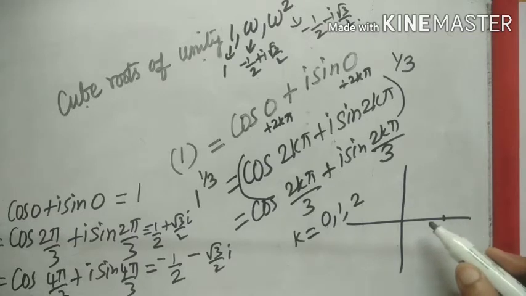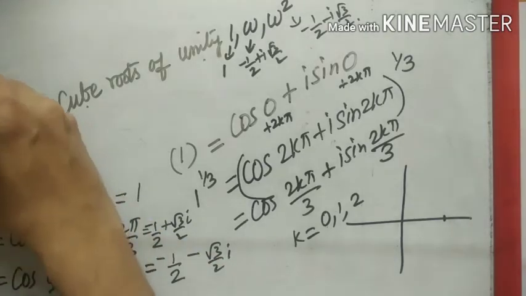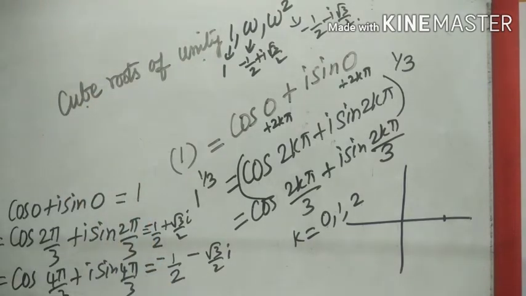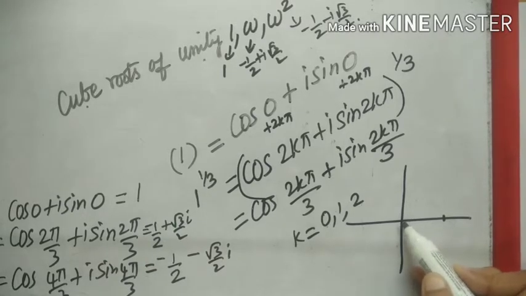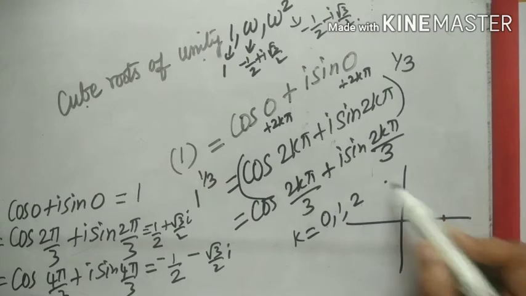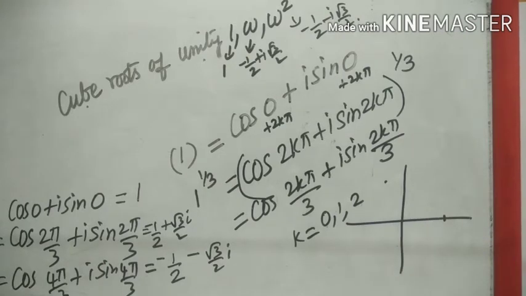The angles are 0 as the first angle, the second angle 2 pi by 3, and 4 pi by 3, which is 4 into 60, 240. This 0 angle is here, 2 pi by 3 will be somewhere here, and 4 pi by 3 somewhere here.